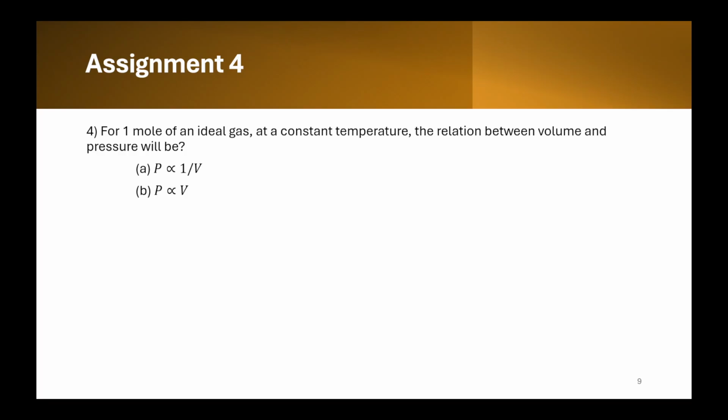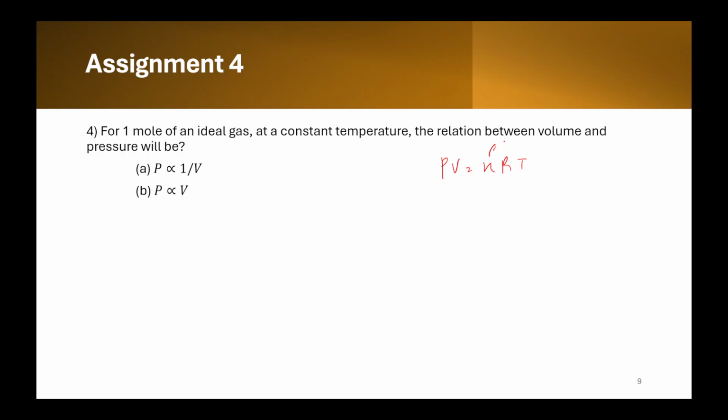Next question. For 1 mole of an ideal gas at a constant temperature, the relation between volume and pressure will be, what will be the correct answer here? A. Yes, correct. Because if we look at the ideal gas relation, PV is equal to nRT.